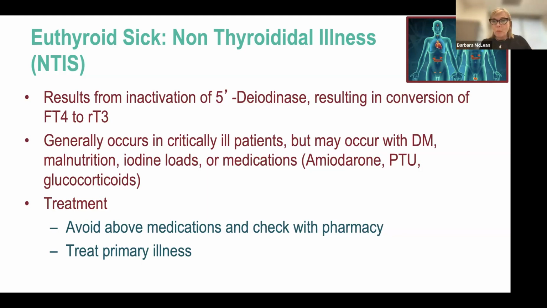Only the free ones, free T4 and free T3, are. So the number one thing you see when diagnosing these patients is they look and behave hypothyroid, but it's not the thyroid hormone, it's the conversion of free T4 to reverse T3.